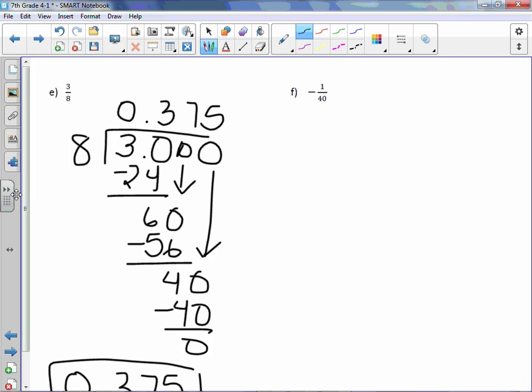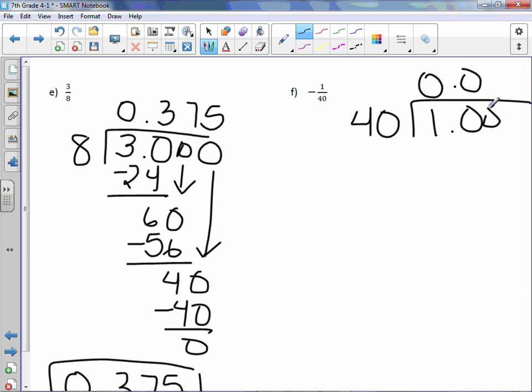F, -1/40th. Again, I don't know what 40 can go into off the top of my head, so I will just divide. Can't go into 1. In fact, can't go into 10. Can go into 100 twice, which is 80.